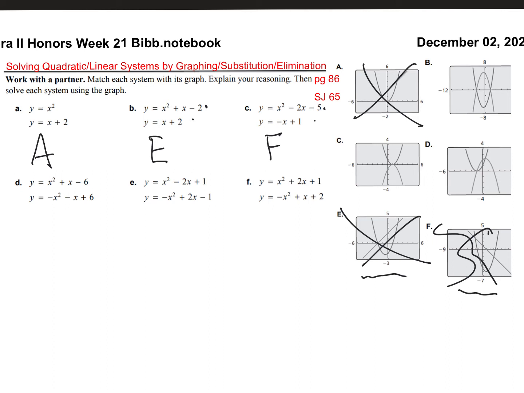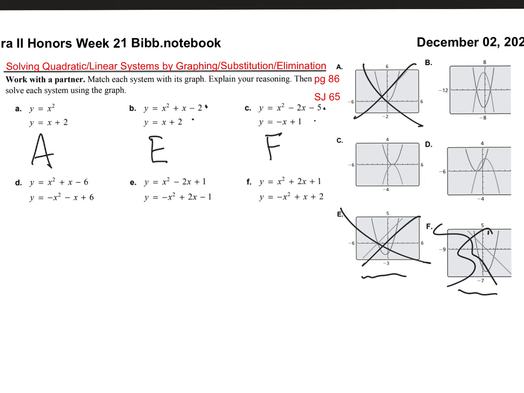For letter D, I have a positive standard form quadratic, which means it points up, and a negative standard form quadratic, which means it points down. Now, how am I going to pick which graph? We can go by the y-intercept. The y-intercept is -6 on the top one. C is your y-intercept in standard form.